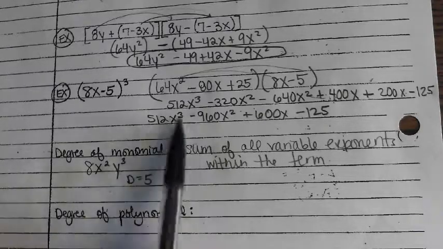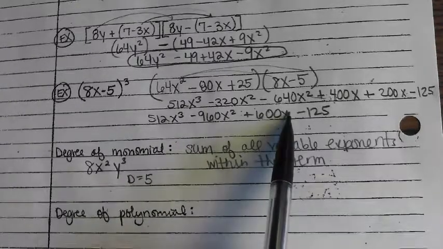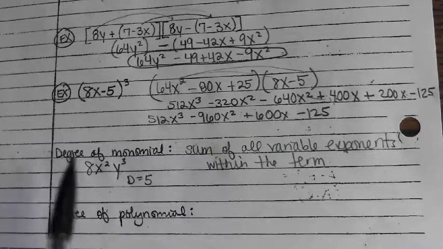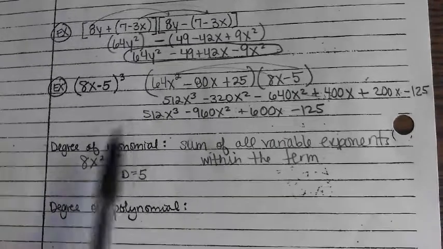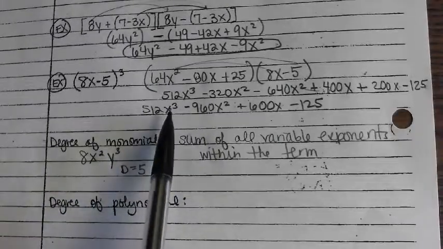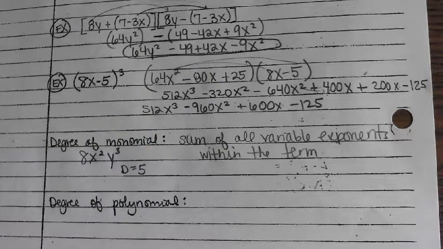So you added 3 plus 2 plus 1, right? That's the rule for monomials, to add up these. In a polynomial, this is just a degree 3, right? So that would be a third degree polynomial. Whatever that biggest monomial degree is.